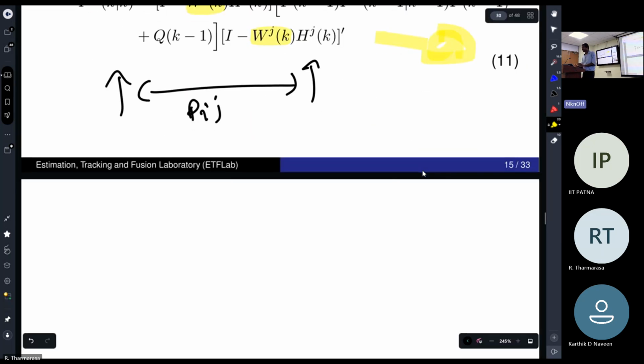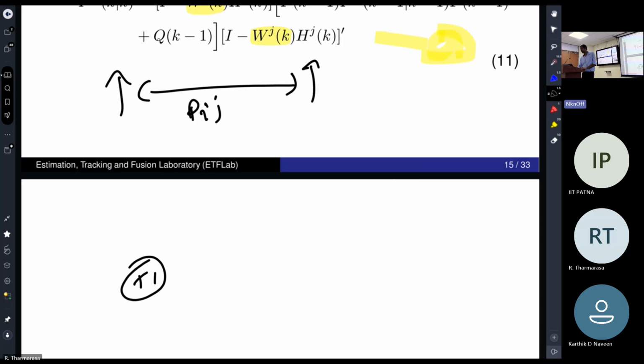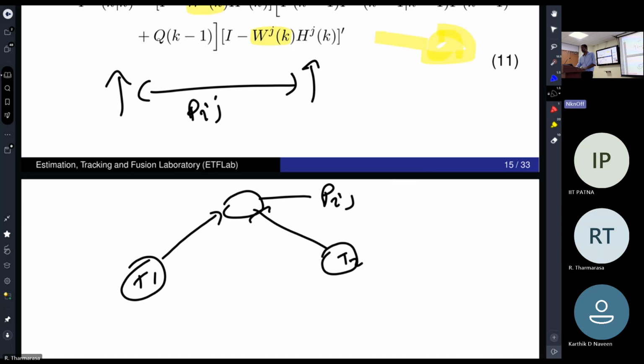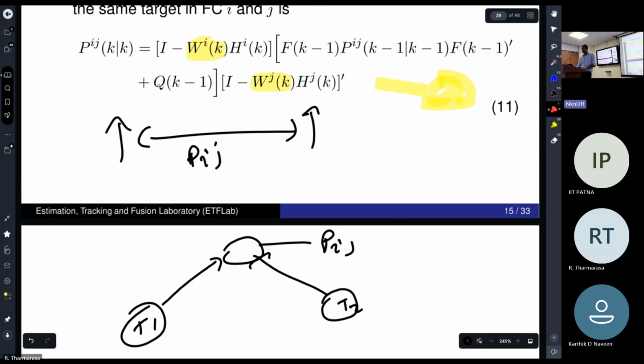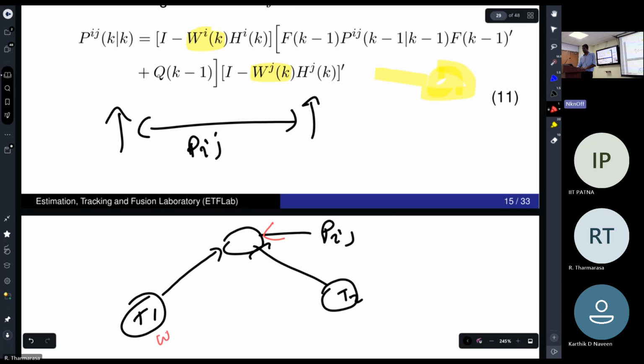So what we do is, this is tracker 1, tracker 2. You communicate the tracks and then you calculate this cross covariance over here. This W_i is calculated here. These are the weights used by the Kalman filter in this node.